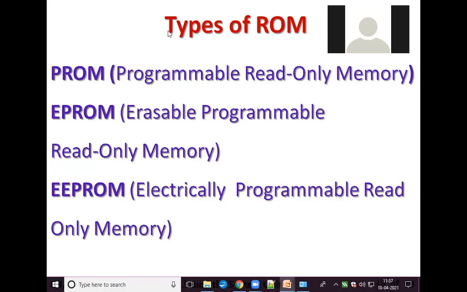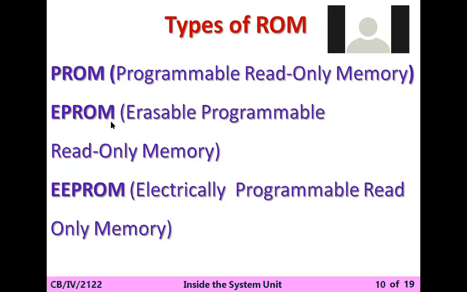Types of ROM. Read the heading. One more thing you have to remember: EPROM and EEPROM can erase the data. EPROM uses ultraviolet rays to erase the data, and EEPROM is erased directly by electrical signals. That is why it is named electrically programmable.